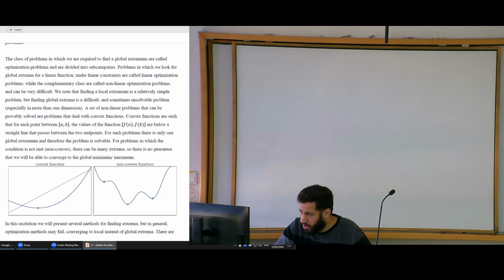So in convex functions, if we take a range, there is for sure a global minimum in that range, and our algorithms will converge to that global minimum.